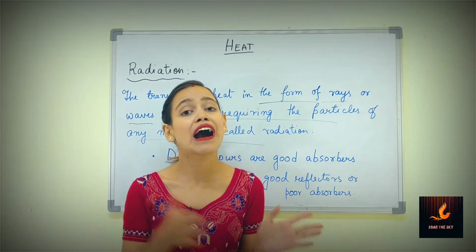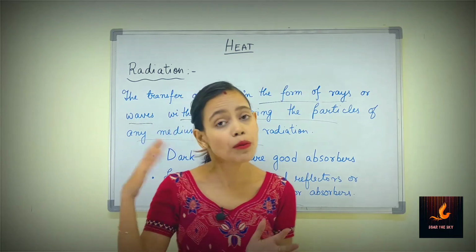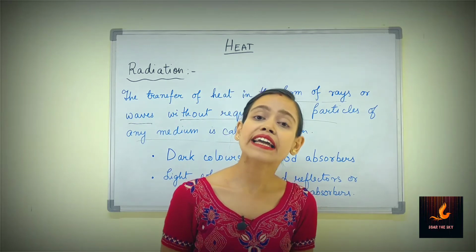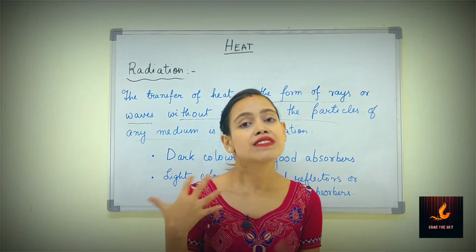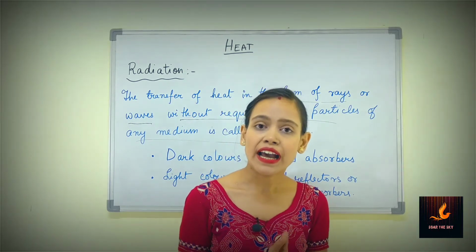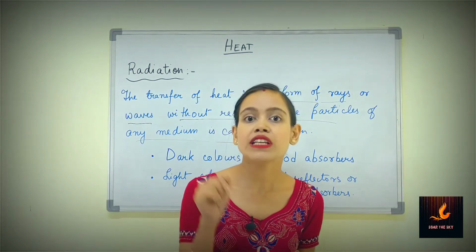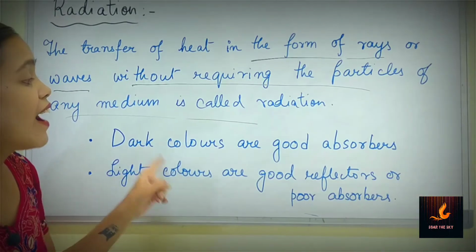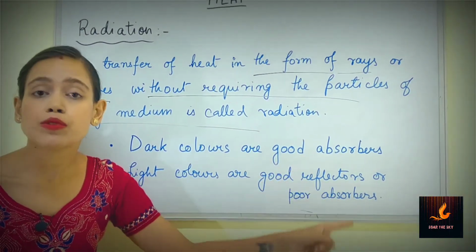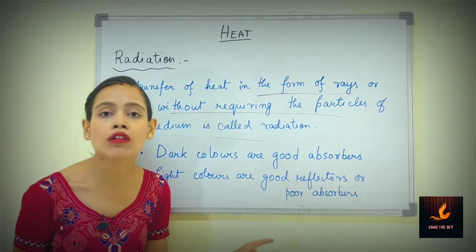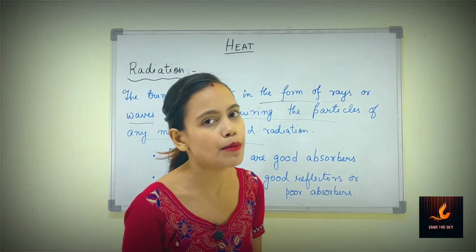Say for example, how far the object is from the source of heat is a very good factor. The second good factor would be the nature of the object. And another two things to be noted down is dark colors are very good absorbers and light colors are good reflectors or poor absorbers.